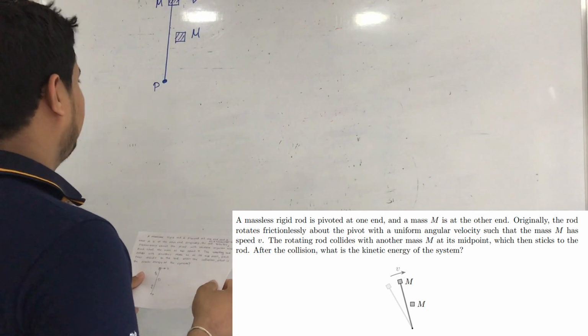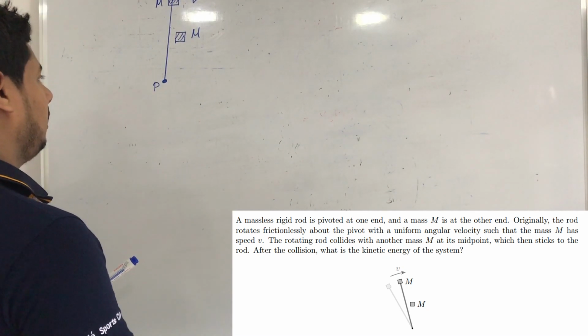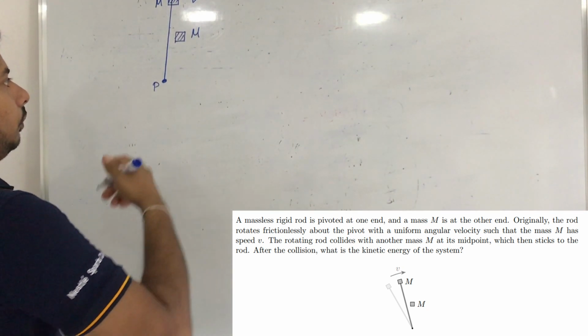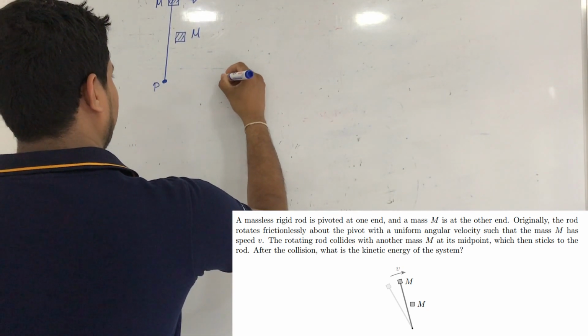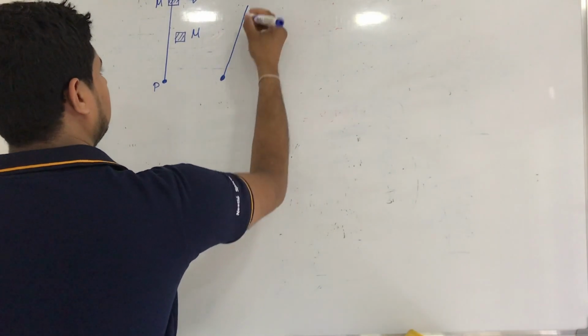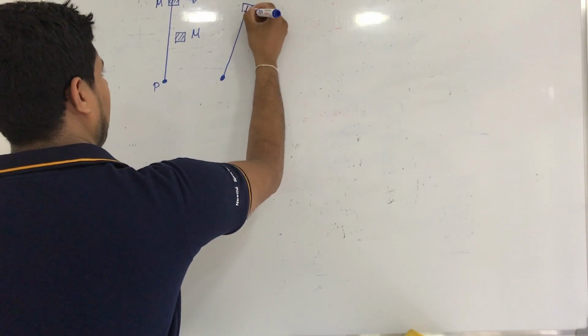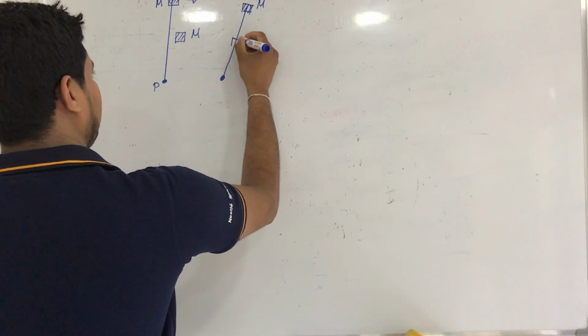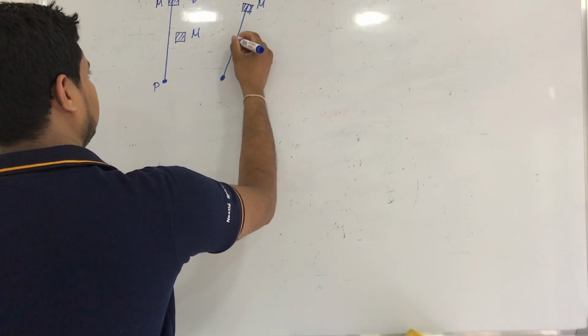What is the kinetic energy of the system? Right. So what happens is, after the collision, this one will stick to the rod. If you draw the second system, you can see this is your massless rod and you have a capital M mass attached here and another capital M mass attached here.